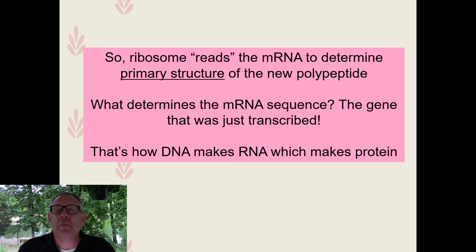But what determined this mRNA sequence? Well, that came from the DNA, from the gene that was just transcribed. And so that is how DNA makes RNA, makes protein. So ultimately, the DNA is sitting up here controlling everything, but you see now how it controls what proteins are built.